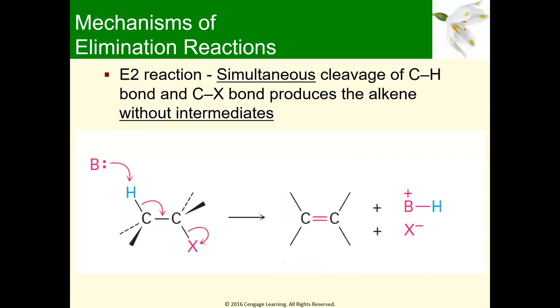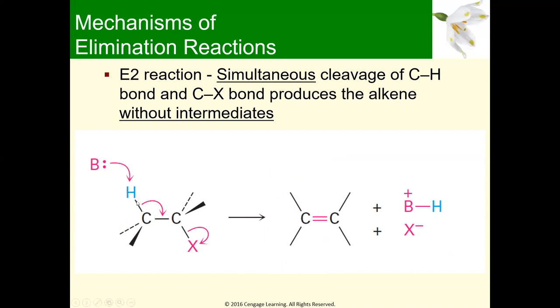So this is a 1-step process. It does not have an intermediate. And so what happens is you have the simultaneous cleavage of a carbon-hydrogen bond and the carbon-halogen bond, the C-X bond, to produce the alkene without intermediates. So all these curved arrows you see happen kind of at the same time. The base interacts with the hydrogen and pulls it in.